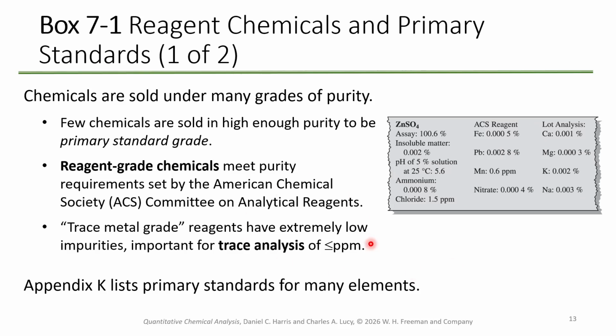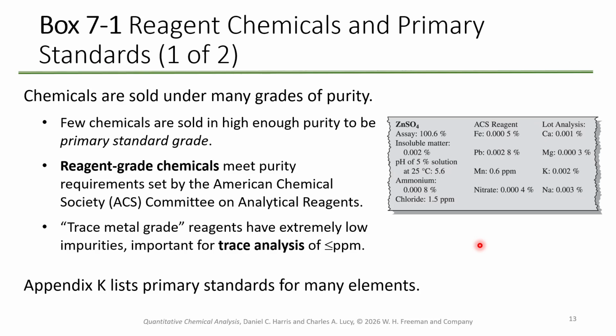Trace metal grade reagents have extremely low impurities, which is very important for trace analysis at less than parts per million. This would be one of the highest grades you can get. It has such a small amount of impurities that you're able to do analysis at the part per million level.